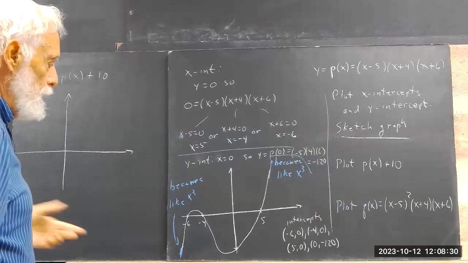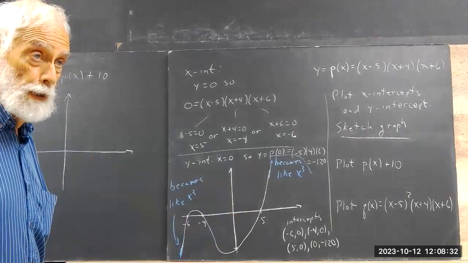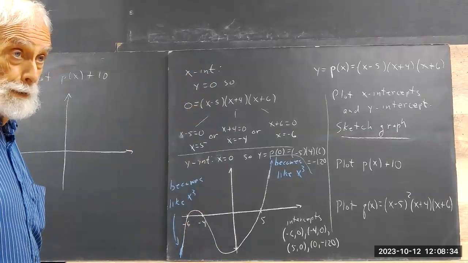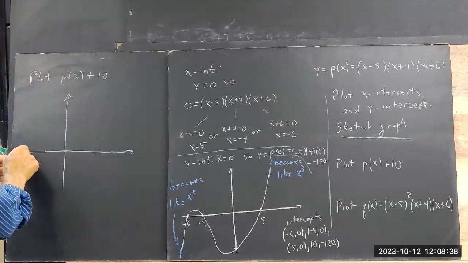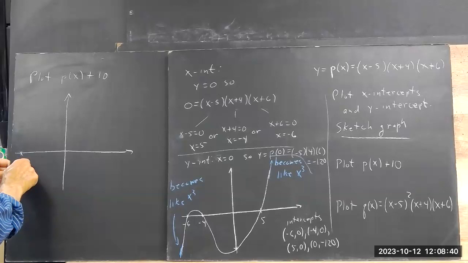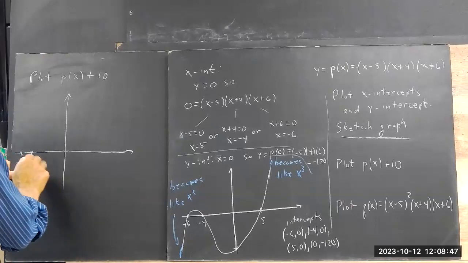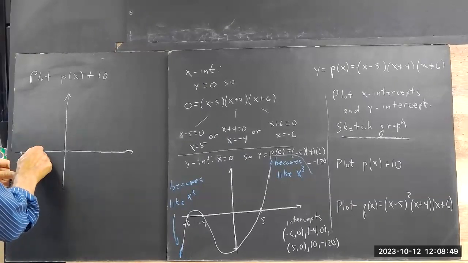Give you a hint. We know 4 points on the graph of P of X, and we know what it's shaped like, right?